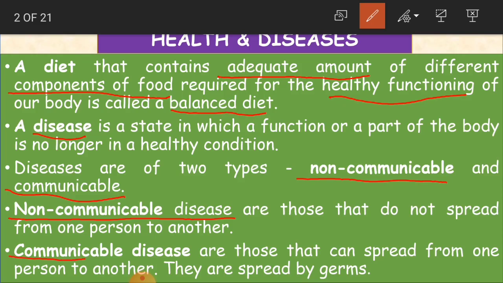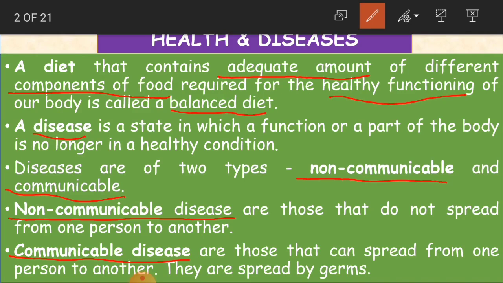Communicable disease. What is a communicable disease? Those that can spread from one person to another. They are spread by germs. So communicable diseases are going to spread from one person to another. How are they spread, children? They are spread by germs.